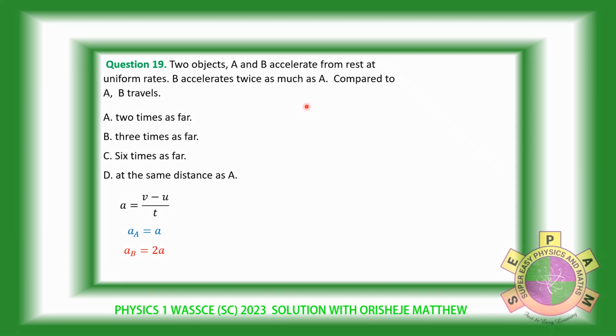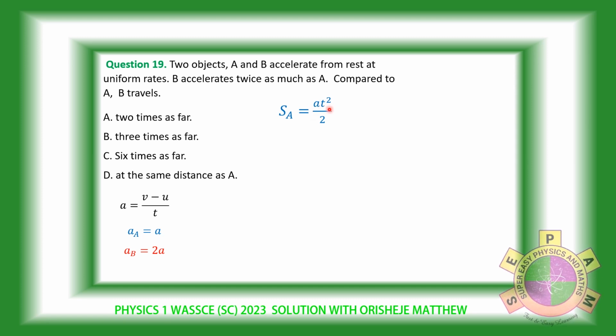So let's get the equation of motion. We are using the second equation of motion. Distance is equal to ut plus half at squared, but since both objects started from rest, the ut component is removed from it, so we are left with half at squared.